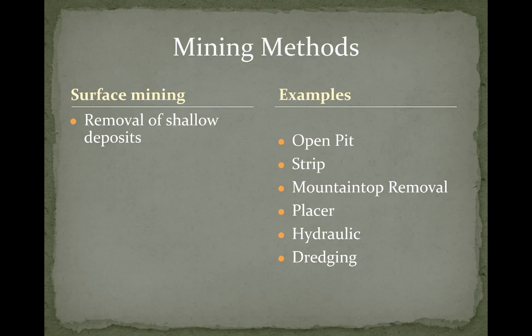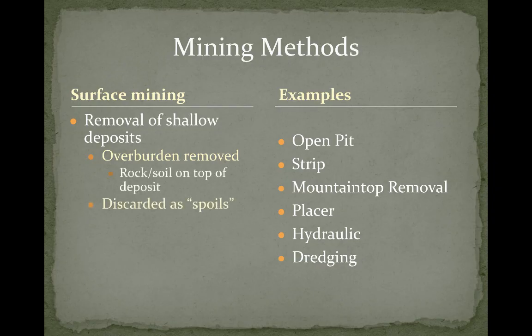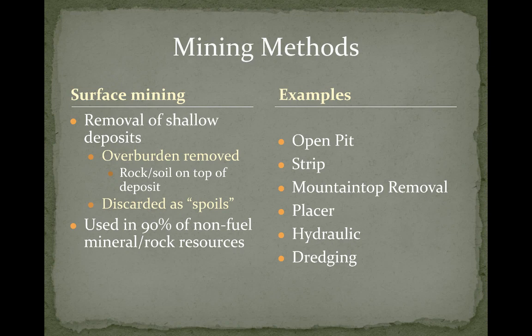But what we're doing is they're close to the surface so we can remove these shallow deposits. That overburden, which we mentioned earlier, is removed, and then the mineral is extracted. But again, unfortunately, that overburden is just discarded as these spoils. And they'll fill in valleys or they'll fill in waterways, and not a good thing.